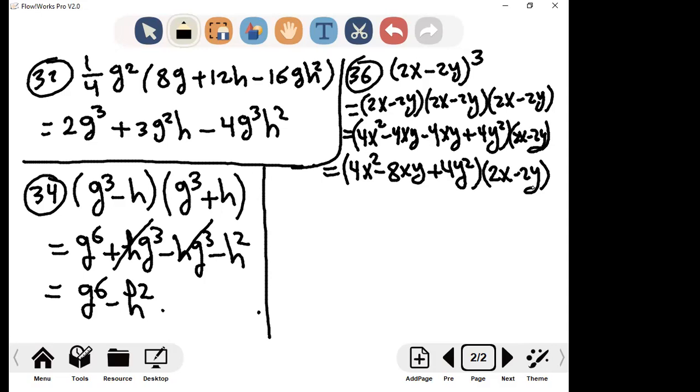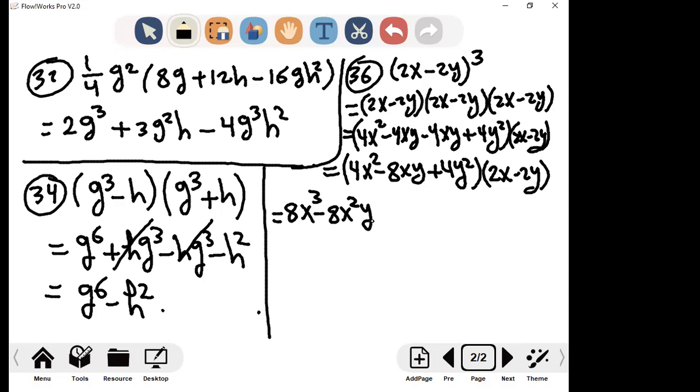Now I'll distribute, and if you remember, we said that if you have 3 terms in the first parenthesis and 2 terms in the second, the multiplication of them will be 6 terms, right? 3 times 2. So let's multiply. 4x power 2 by 2x, 8x power 3. 4x power 2 times negative 2y, negative 8x power 2y. I'm done with the first one.